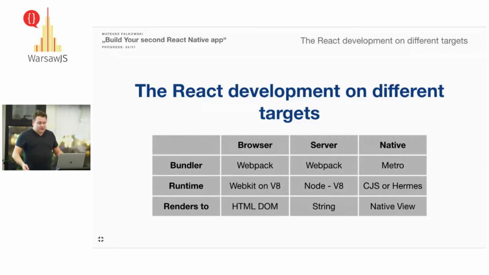We can switch to Rollup, for example, about the bundler on the web. But by default, React Native works on Metro Bundler, runs on JSC, sorry, CJS is wrong here, or Hermes, and renders not to the DOM, but to the native view.